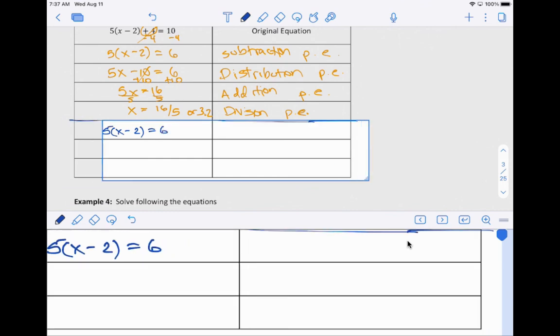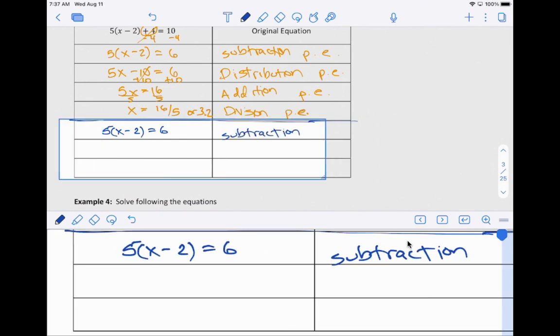And this was, we'll just say subtraction, so they're just picking up a secondary way. I could divide the 5 to both sides. That is my choice here, because technically the 5 is more on the outside, right? Until I do the distribution property, it's not the last thing I do. It is more on the outside. I could do that. And so I get x minus 2 equals 6/5. And I could use division first.